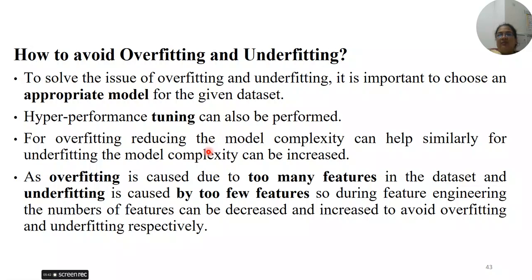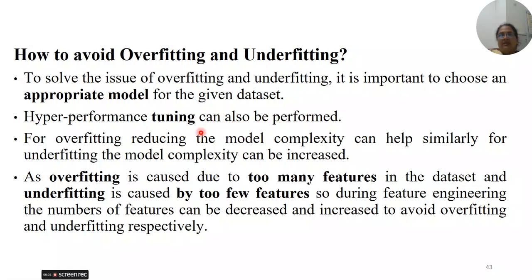So how can we avoid overfitting and underfitting? To solve the issue of improper fitting, it is important to choose the appropriate model for the given data set, what suits the size of the data, maybe basic or advanced. So we have to choose the proper model. Hyperparameter tuning can also be performed.